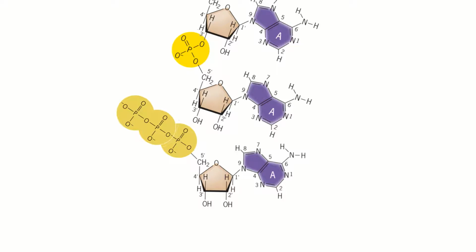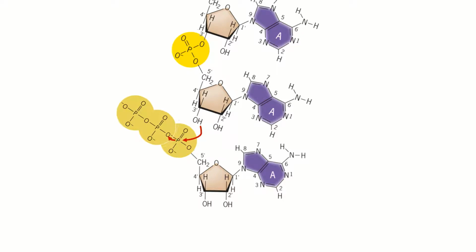What happens is, with the aid of an enzyme called a polymerase, the hydroxyl group on the 3' carbon of the sugar, as indicated by the arrow here, attacks the first phosphorus in that 3-phosphate chain on the free nucleotide.